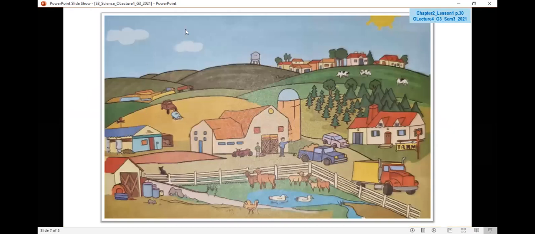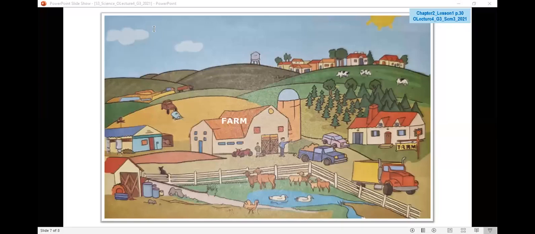Which ecosystem is this? Give me the name of this ecosystem. Desert ecosystem? There are lots of green places. Farm ecosystem. Excellent, yes, Sam, it's a farm ecosystem.